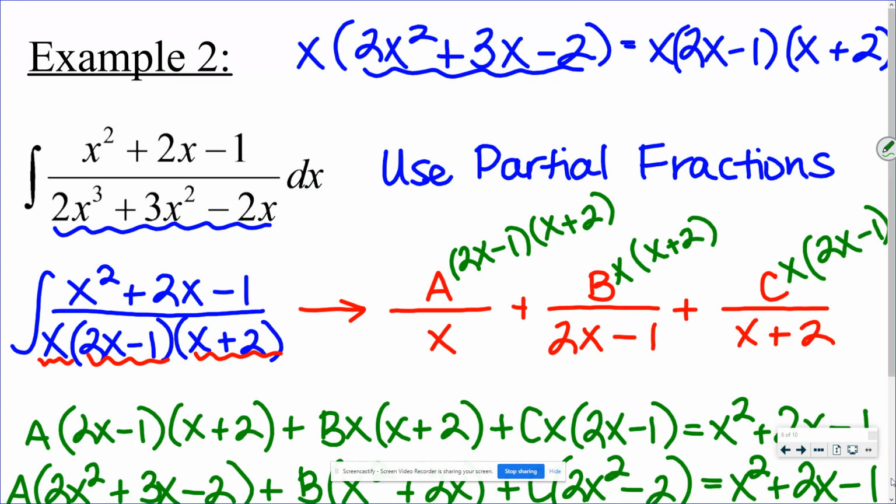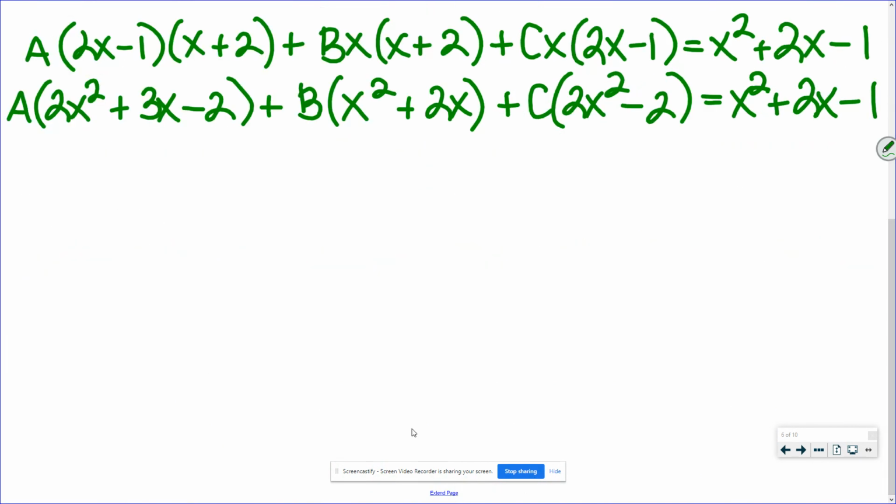Get this so we can see a little better. There we go. All right, here's where I'm at. So next thing, I'm going to distribute the A through the B and the C. I like to keep the letter in the front just so I can see it a little bit easier. So A 2x squared plus A 3x.